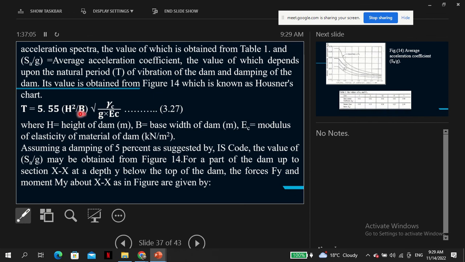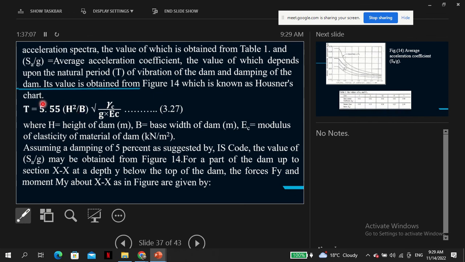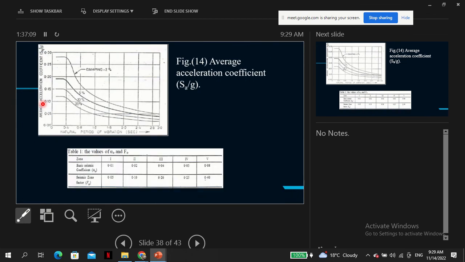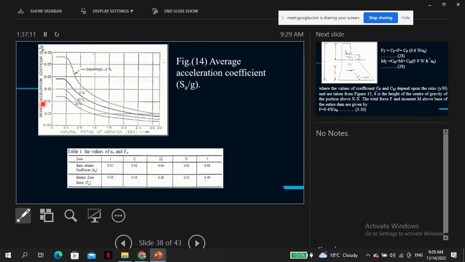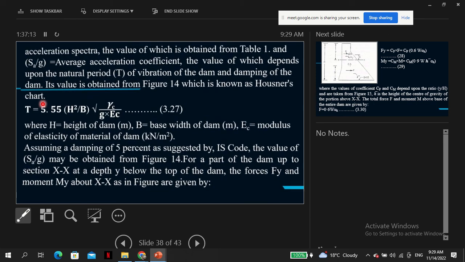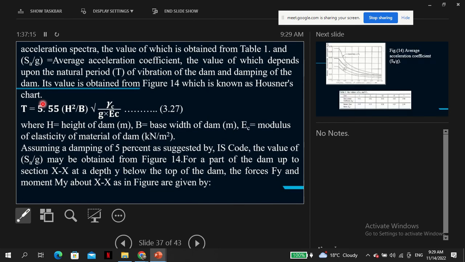So you can get the value from figure 14. And this is how to calculate the natural frequency of vibration of the dam, where h is the height of the dam, b is the base of the dam, and Ec is the modulus of elasticity of the dam.